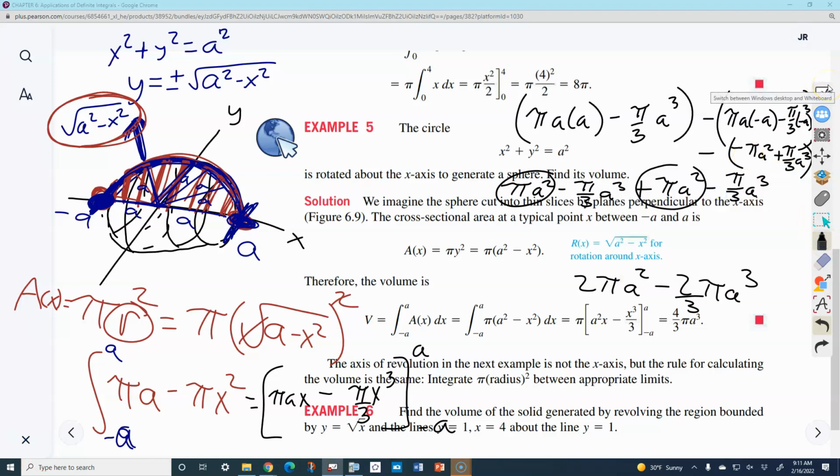All right, I see a small mistake in my work. When I was here, I said that radius is the square root of a squared minus x squared, but when I wrote it here, I just wrote it as a minus x squared. So I have a little mistake there. It should be an a squared. So that should be an a squared. An a squared there too. Which would make this be an a squared and this be an a squared.